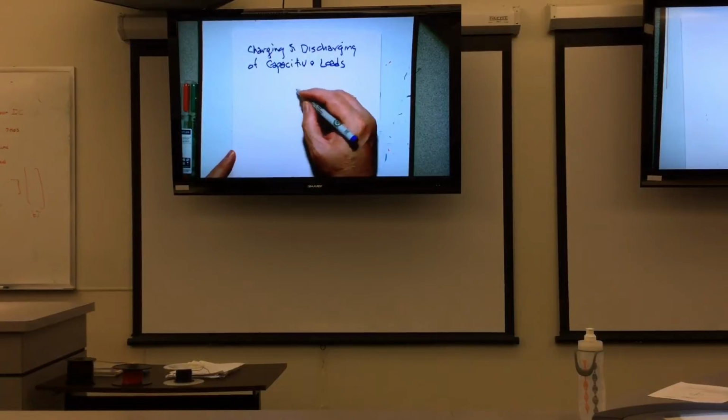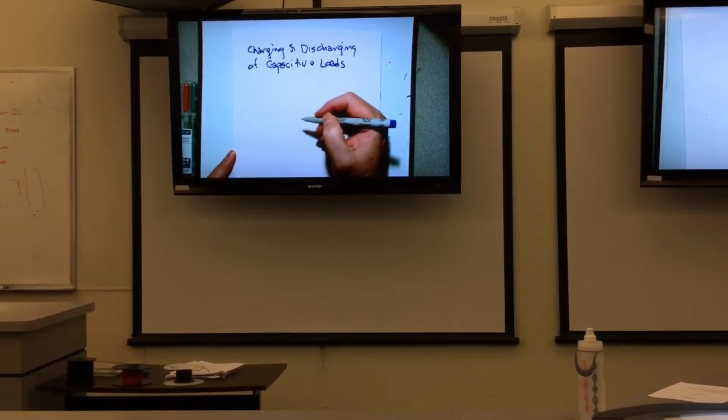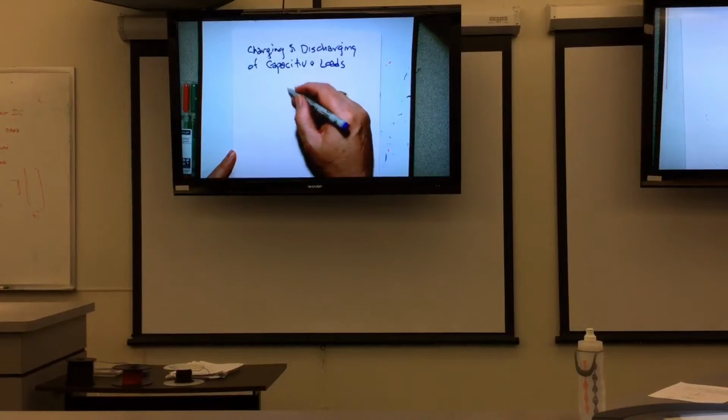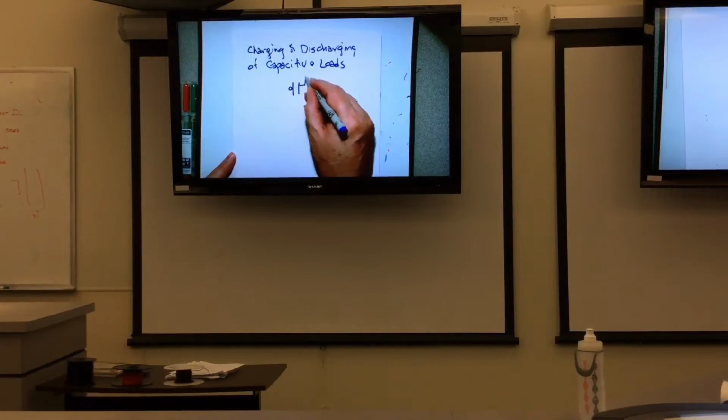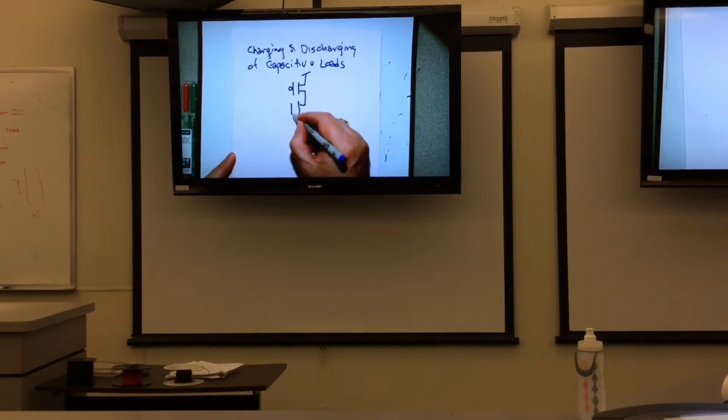Clearly, there are extensions of this to driving capacitive loads with more complicated gates, and you must adapt what I'm telling you about the inverter to more complex gate structures. Anyway, here's an inverter, in the simplified symbols we discussed earlier.